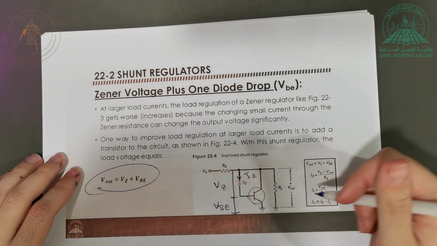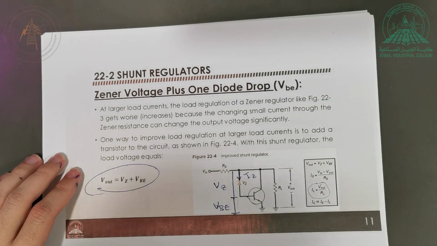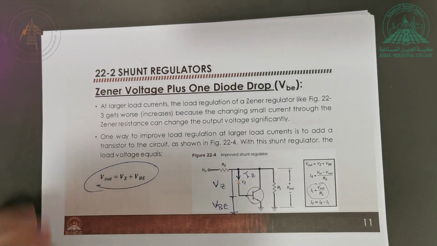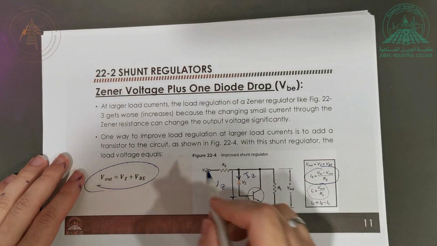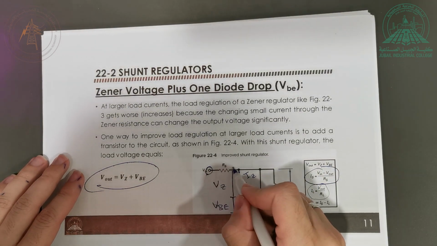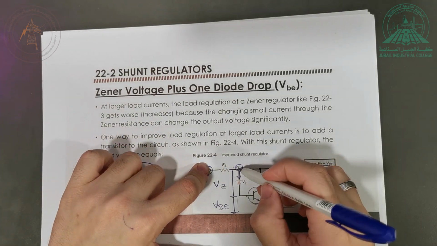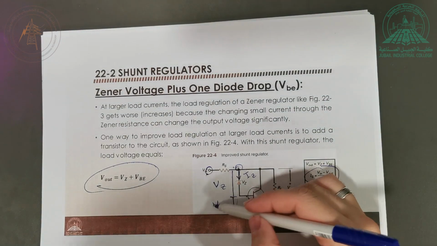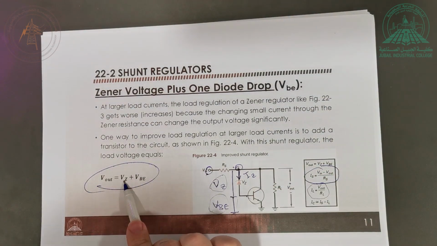Okay, this is for V out. How about IL? IL is still the same. It is equal to V out divided by RL. Straightforward. How about IS? IS is also the same. It is equal to Vin, the voltage here, minus the voltage here, divided by RS. Constant, constant. And remember, this VBE is constant, and VZ is also constant, and this is always 0.7. VZ is constant.